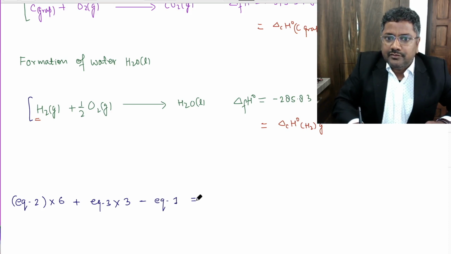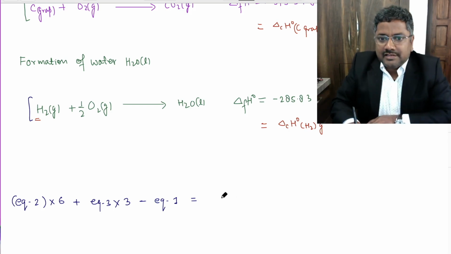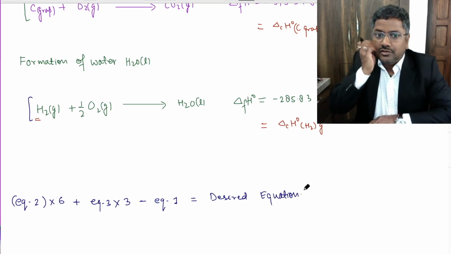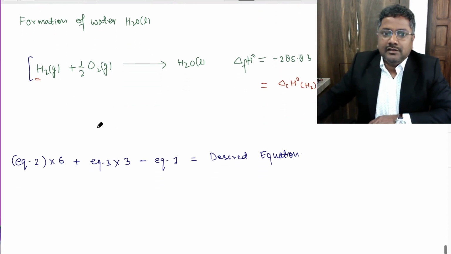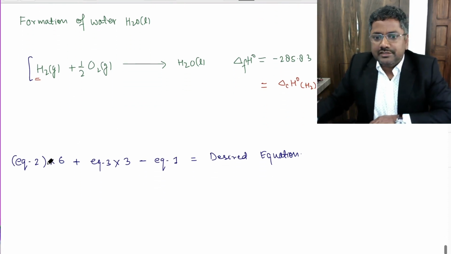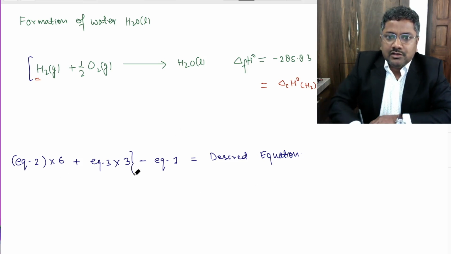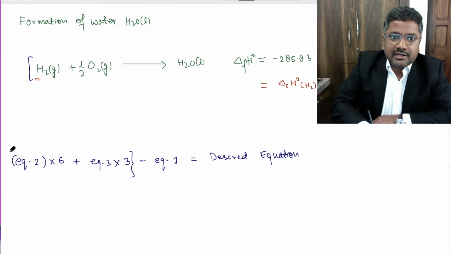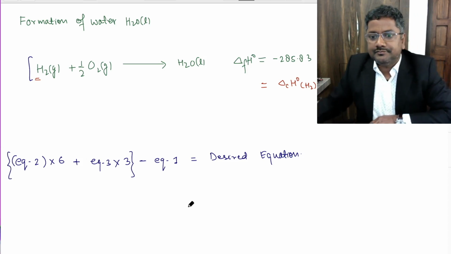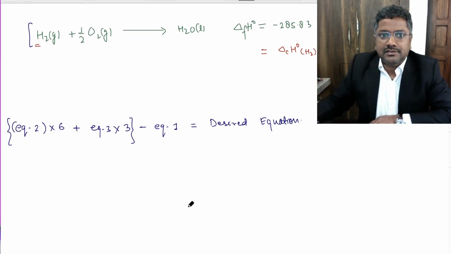So we will get the desired equation, right? If you multiply equation 2 with 6, equation 3 with 3, and subtract equation 1 from the addition of these two, you will get the desired equation. So do all these things.